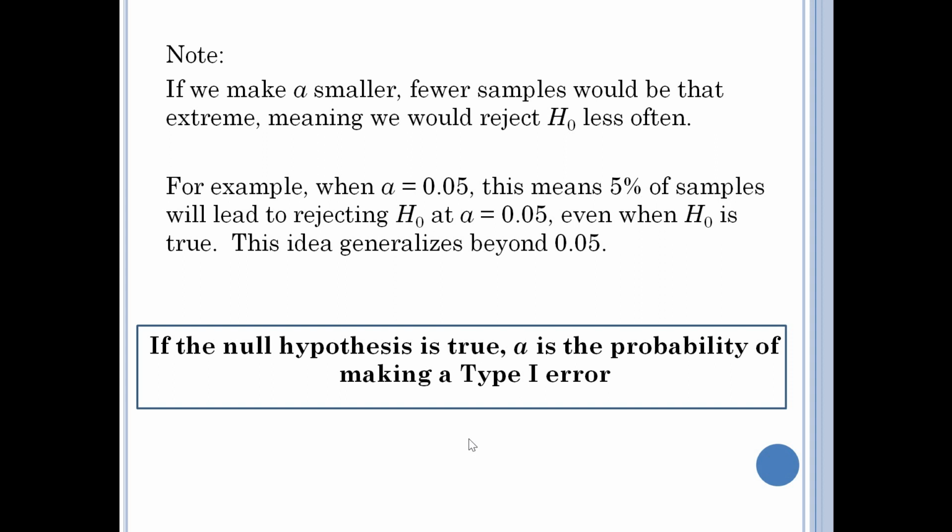So the chances of making type 1 error will be exactly equal to alpha. Meaning, if alpha equals 5%, then the probability of making type 1 error will be 5% of the time. Same thing, if alpha is 1%, then the probability of making type 1 error will be 1%.